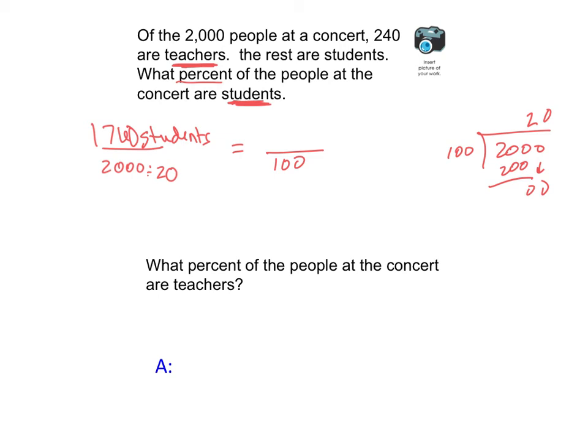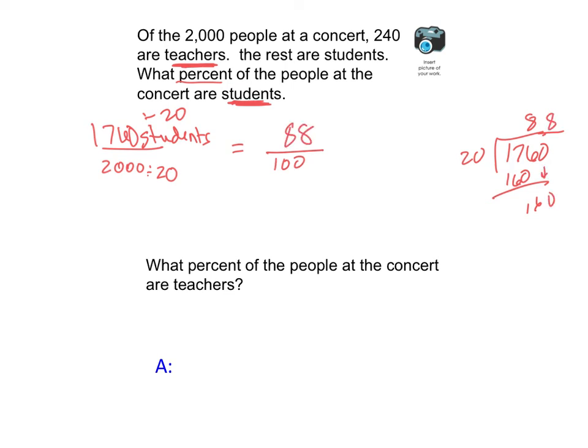So now I'm going to divide 1,760 by 20. Okay, so I have my equivalent fraction now with my denominator of 100. So that means this is my percent that are students.